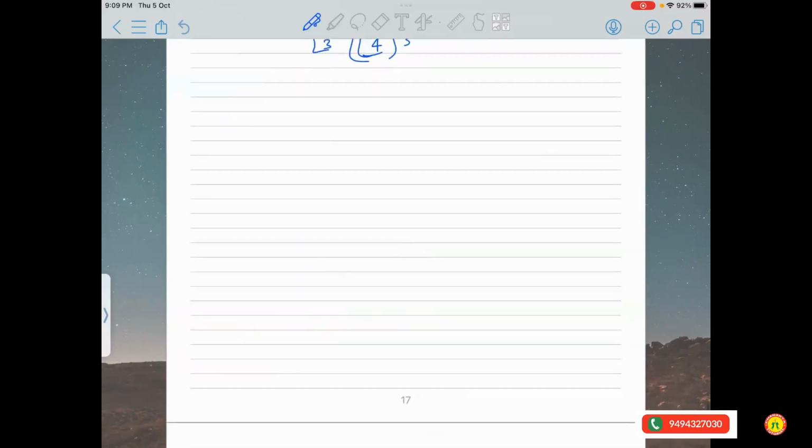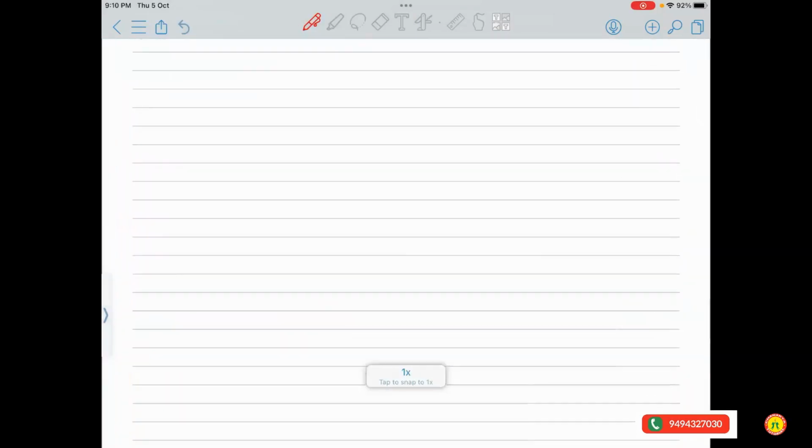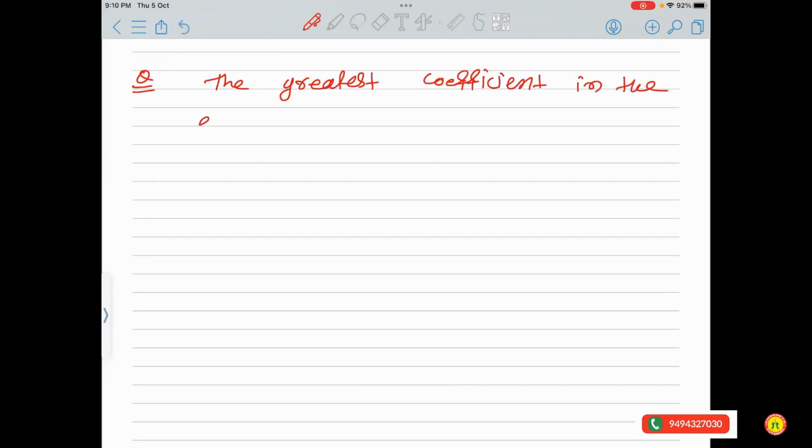So now your task is to answer this question, same question, different data. Now easily: the greatest coefficient in the expansion of x plus y plus z plus t power 18 is.